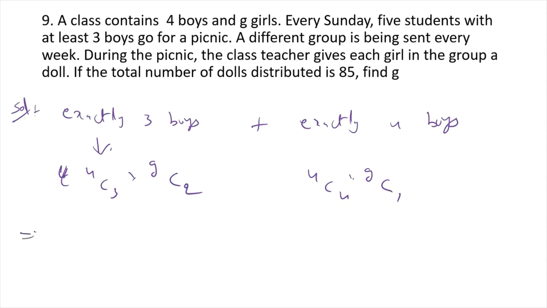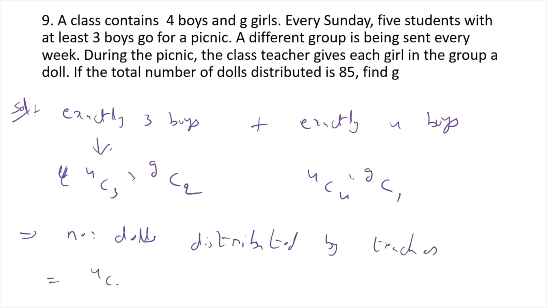So this implies the number of dolls distributed by the teacher is equal to 4 choose 3 times G choose 2, times 2 dolls if this group goes to the picnic, plus 4 choose 4 times G choose 1 times 1, if this group goes to the picnic, he has to give away 1 doll.